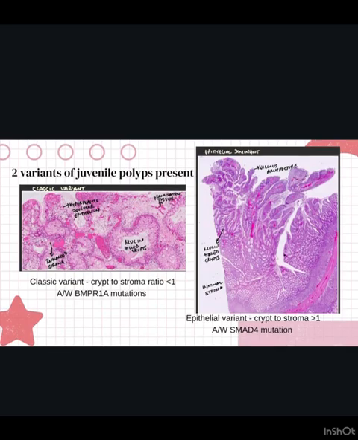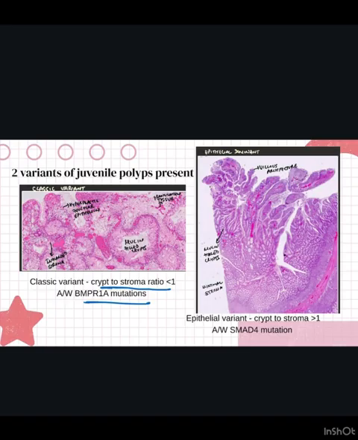Two variants of juvenile polyp are usually present. One is a classic variant. Now in classic variant, the crypt-stroma ratio is usually less than 1 and it is associated with the BMPR1A mutations. In classic variant, it is usually a stromal dominant variant.